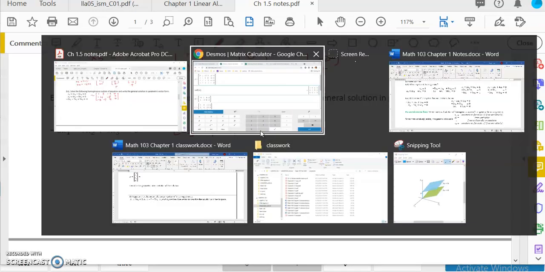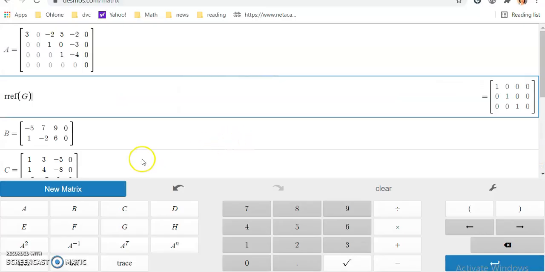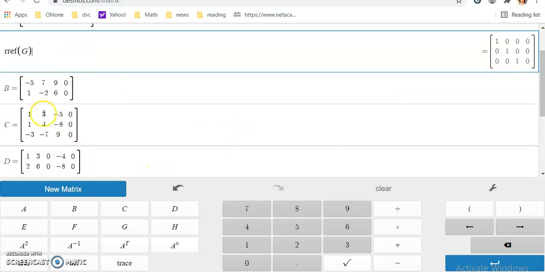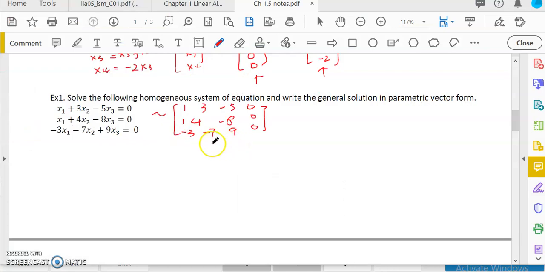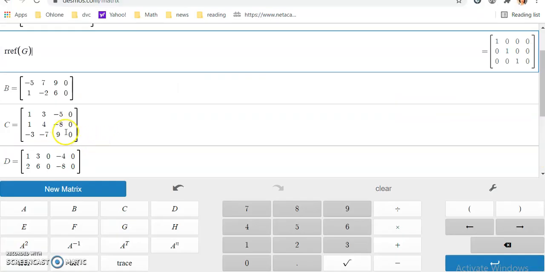So this is the augmented matrix. Do I have it? Yeah, I have it. So this is C.